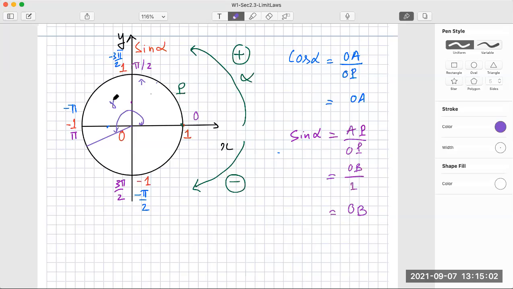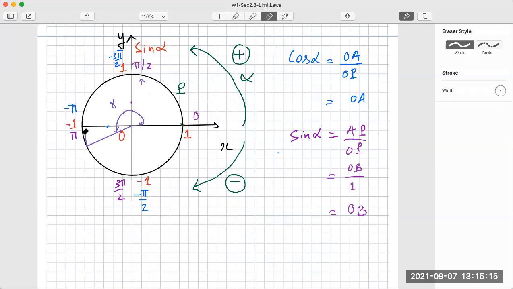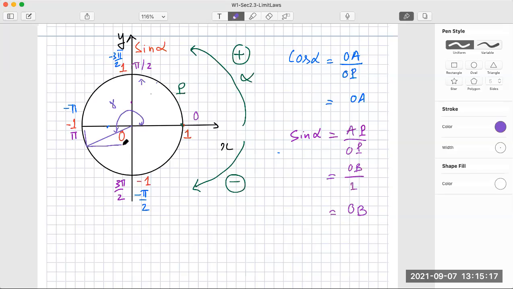Let us call it the angle gamma. The cosine of gamma, is it positive or negative? Negative. Good job. Sine of the angle gamma? Negative, because what we projected here is negative as well. It's easy, right? Piece of cake for you now.